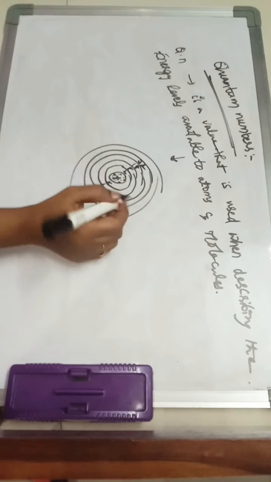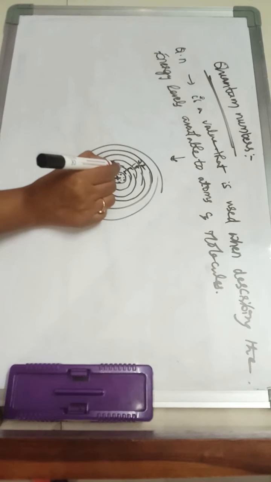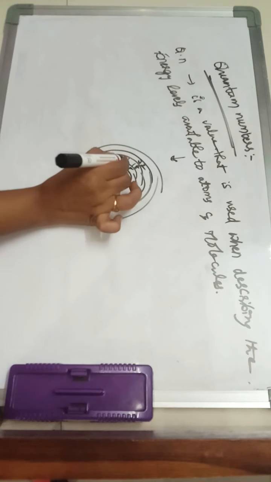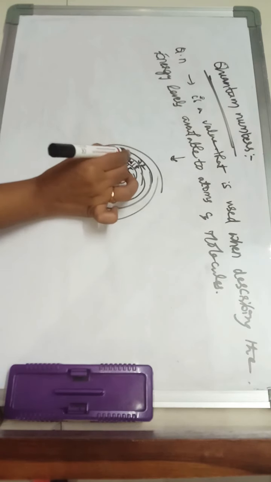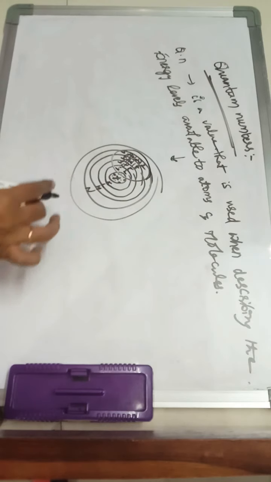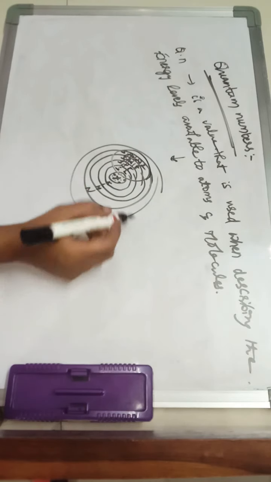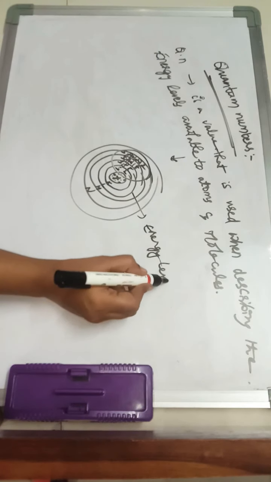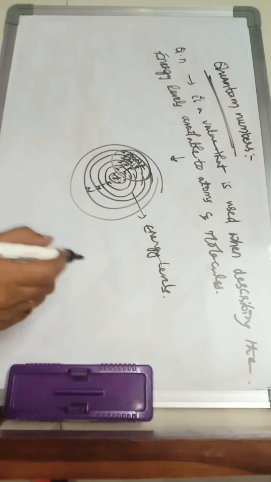These electrons are filled in s, sp, spd, and spdf orbitals. I have already discussed this in an earlier class. These are the energy levels.